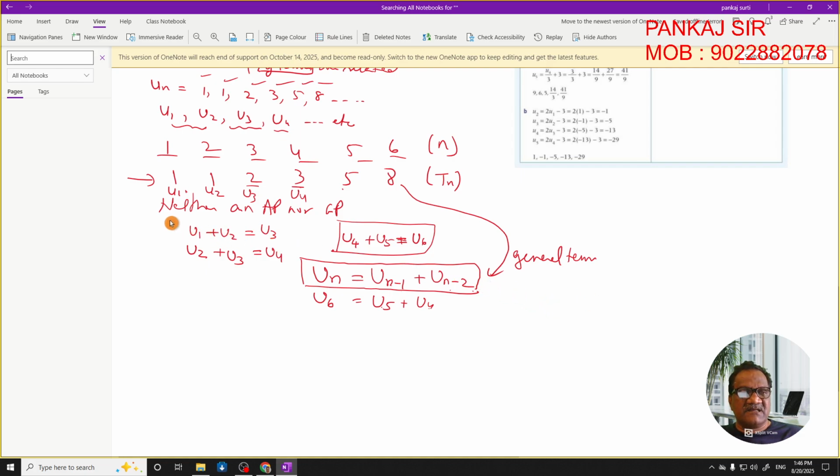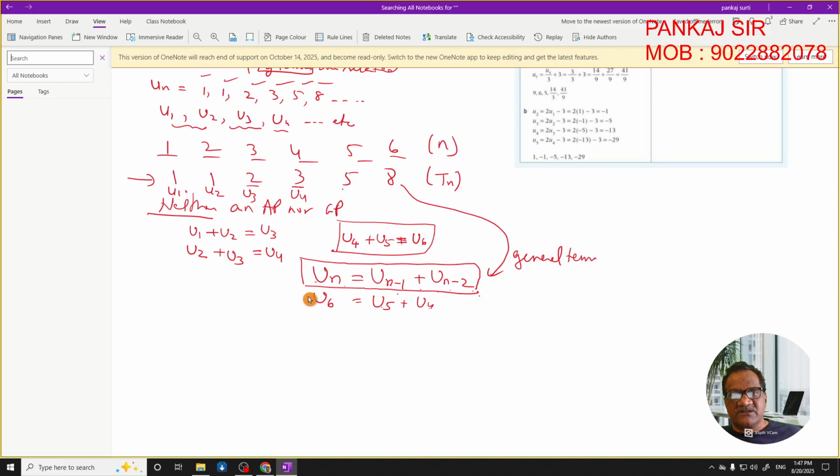The first part is, what is the general term? This is the general term, un equal to un minus 1 plus un minus 2. And what is the type of this particular sequence, whether it is AP, GP or neither? The answer is neither. It is neither an AP nor a GP. In fact, it is a recursive sequence.